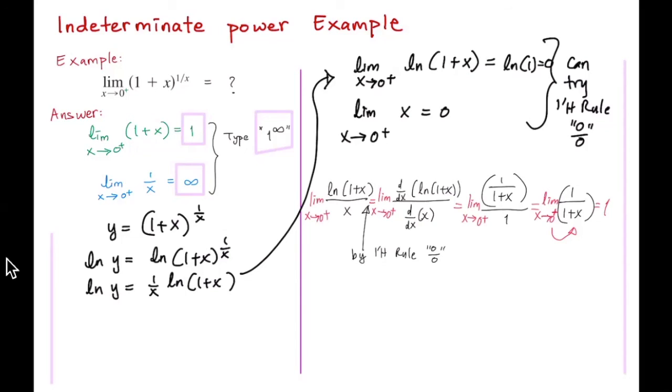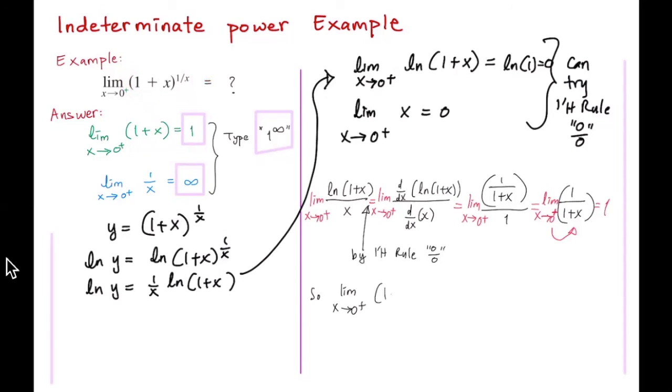So I'm almost done, but not quite. So I have computed the limit for the natural log of y. So let me compute the limit of what I want, which is the limit of this function, but we have already set this function to be y.